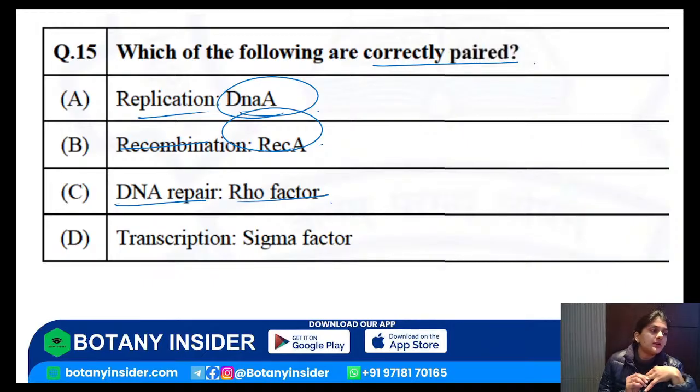One more minute, then we'll do it together. Which of the following are correctly paired?